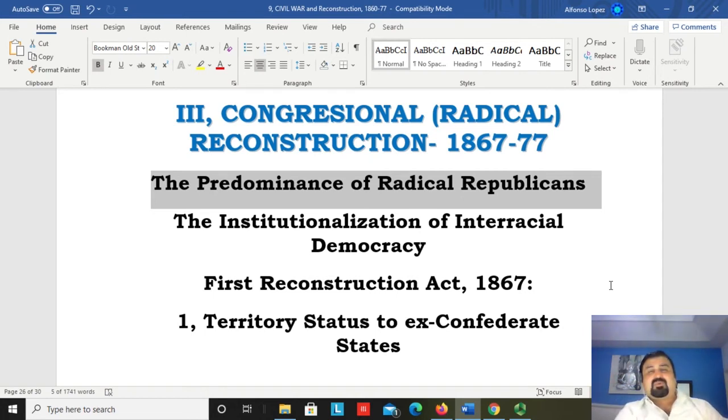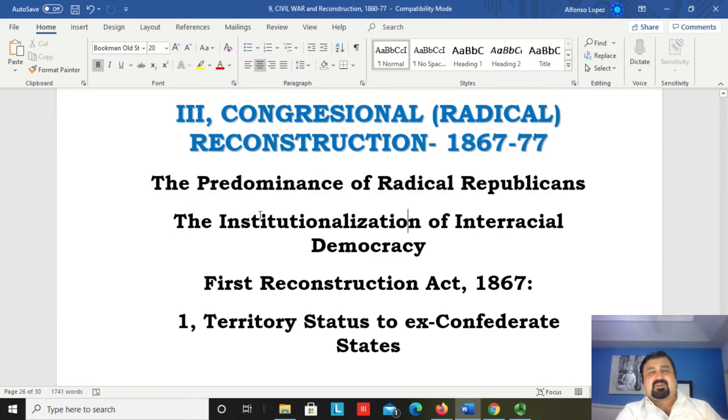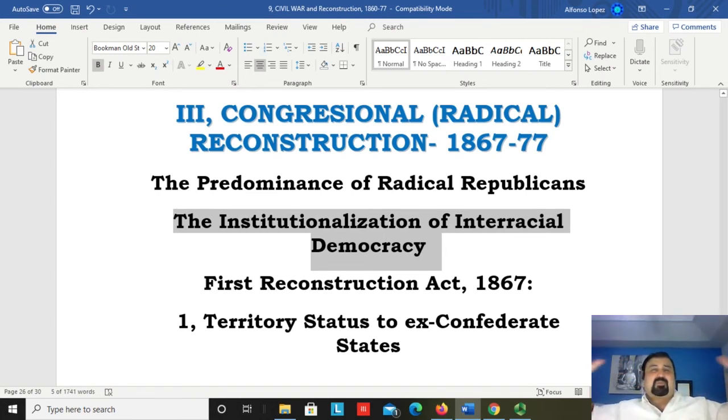So the radical Republicans are now in charge, and their aim is for Reconstruction to be like a laboratory, like an experiment, to bring about a new society that is an interracial, multiracial democracy, they said. Now is the time to test what we can actually do. Let's bring a new United States. Let's bring a new South altogether, a multiracial democracy.